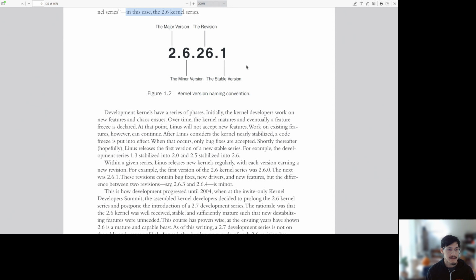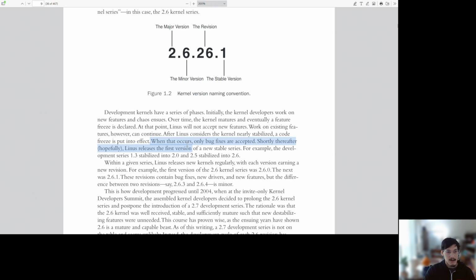Development kernels have a series of phases. Initially, the kernel developers work on new features and chaos ensues. Over time, the kernel matures and eventually a feature freeze is declared. At that point, Linux will not accept new features. Work on existing features, however, can continue. After Linux considers the kernel nearly stabilized, a code freeze is put into effect.